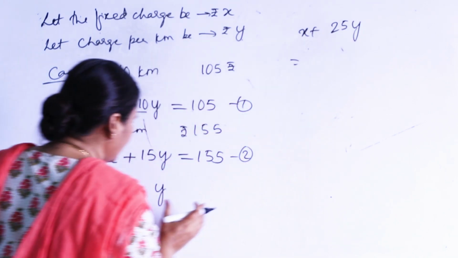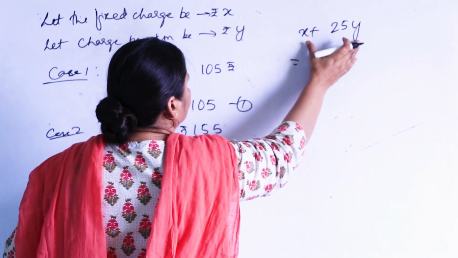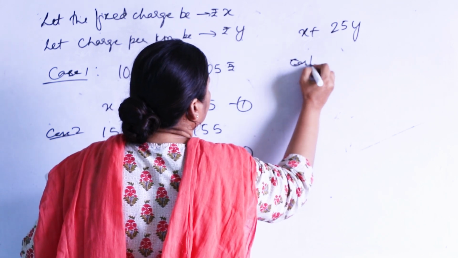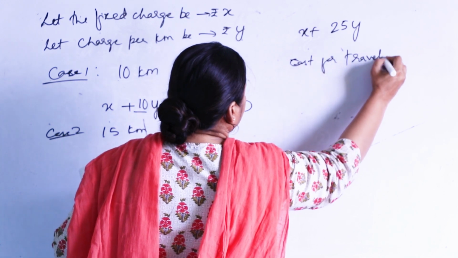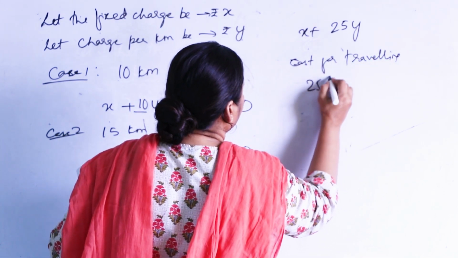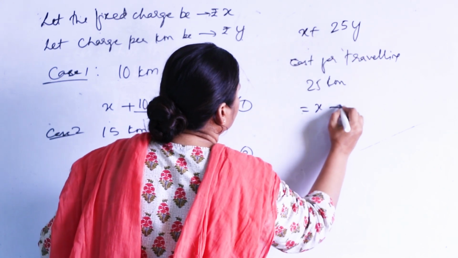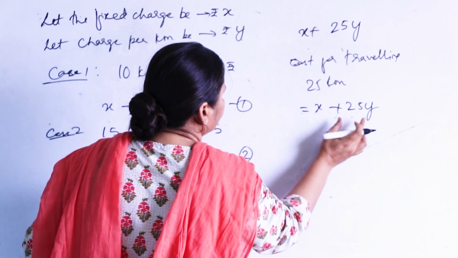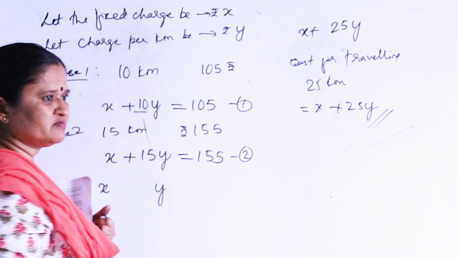Find the cost because here you would have found the X value and Y value. Substitute, you will get the cost for traveling 25 kilometers, which is equal to X plus 25Y. X is the fixed charge for 25 kilometers. You will get the answer.